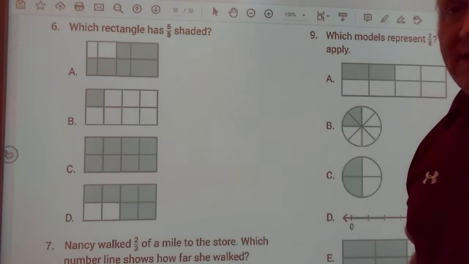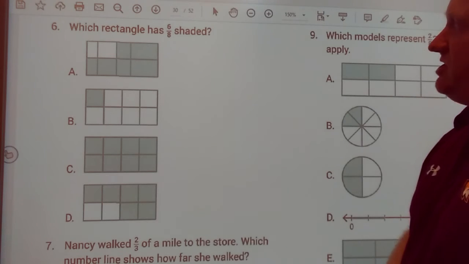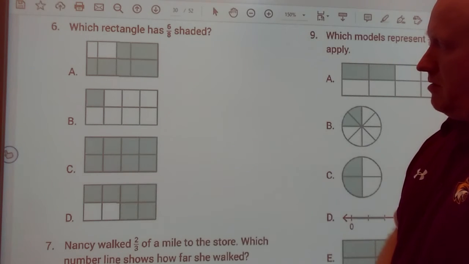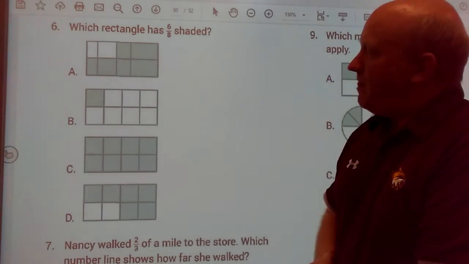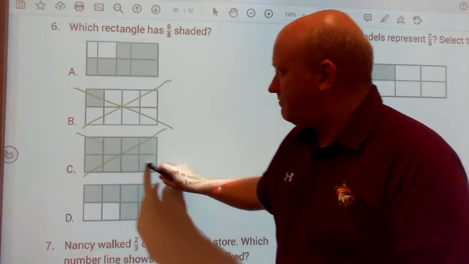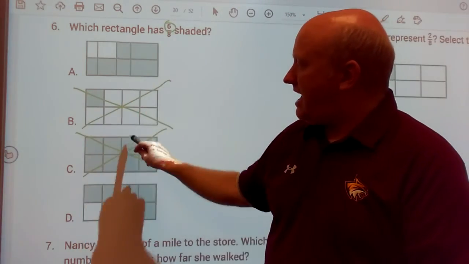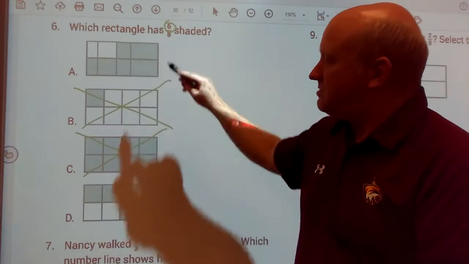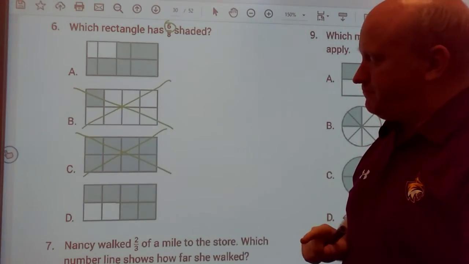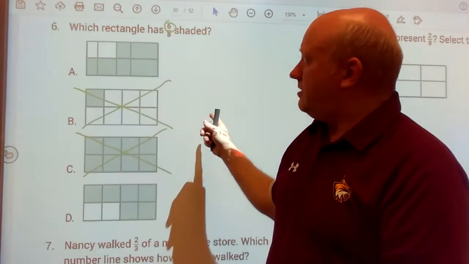Now let's look at number 6. Which rectangle has 6/8 shaded? Well, we know that B and C can't be the answer because B only has 1, but we're looking for 6. C has all 8. That's not a 6, so it has to be either A or D. Now, you're probably thinking, well, A has 6 shaded areas.